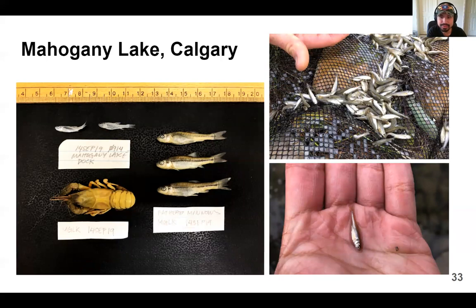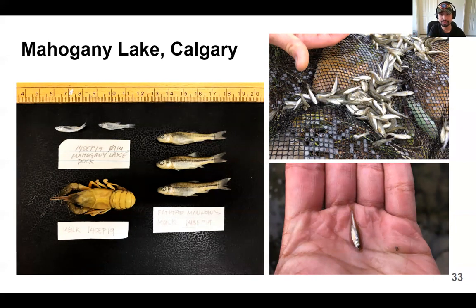Now, it is no surprise that a population has been well established in Mahogany, because during our site visits, we found that the conditions were ripe for a Prussian carp population to boom. Here we have fathead minnows, which are a cyprinid species.